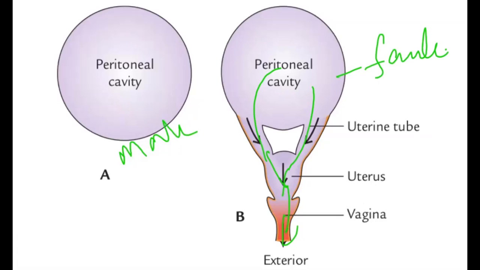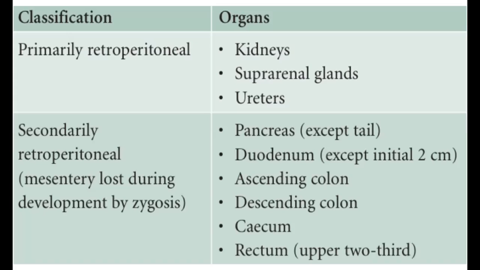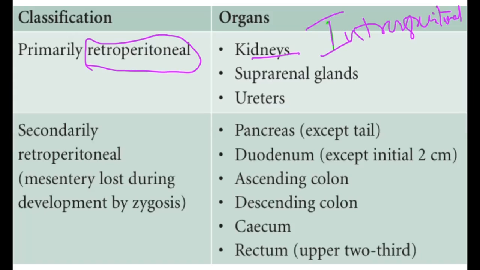So the organs that lie within the peritoneum are called intraperitoneal organs, whereas the organs, you already know that, retroperitoneal organs: kidneys, suprarenal glands, and ureters. But some organs start as intraperitoneal organs, but due to a process called zygosis, they become retroperitoneal.